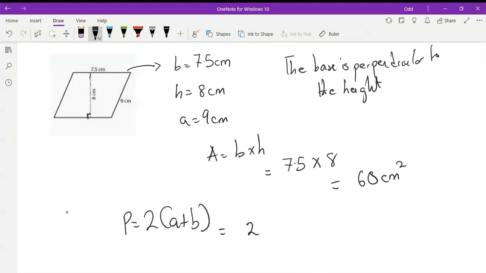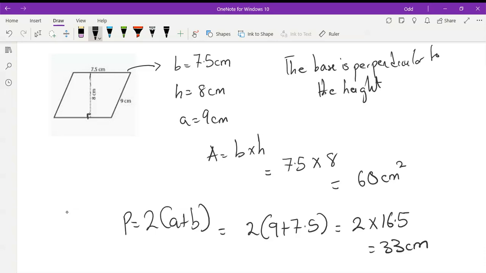So that will be 2 times (9 plus 7.5). That's 16.5. So 2 times 16.5 will be 33. So our answer will be 33 centimeters. So the area of this parallelogram is 60 centimeters squared, and the perimeter is 33 centimeters.